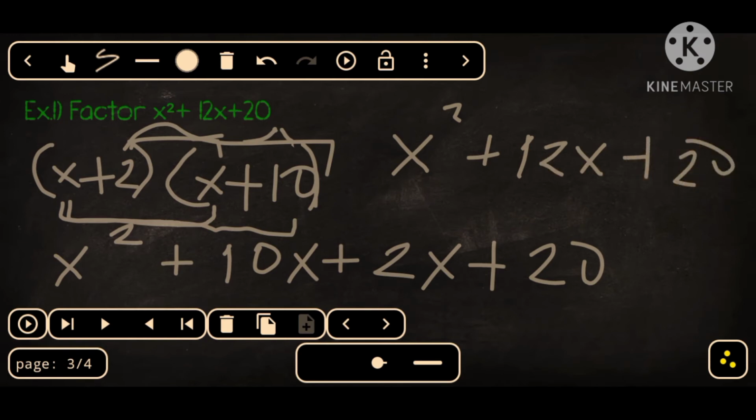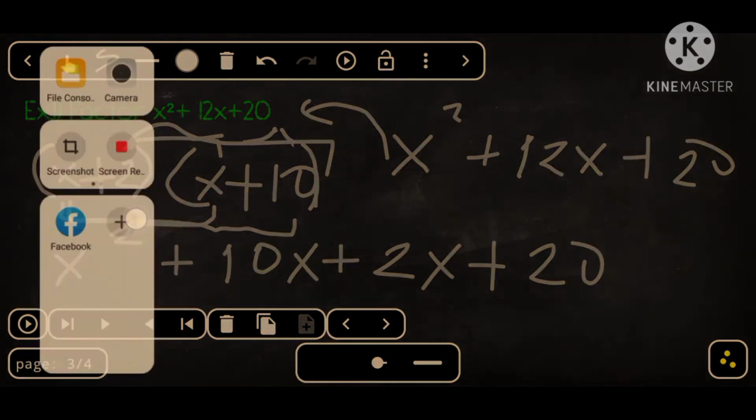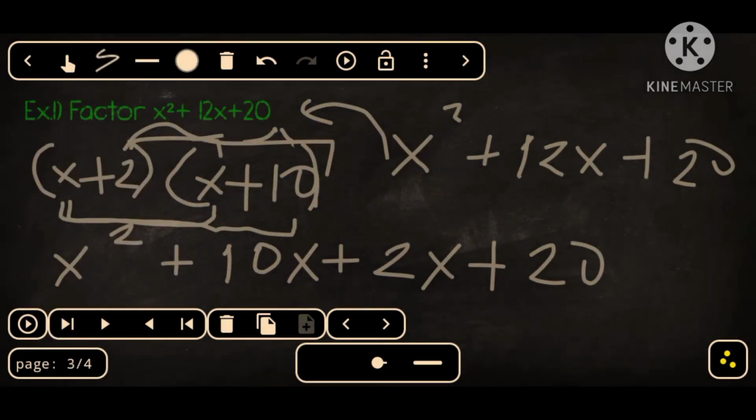So upon checking, we get the given x squared plus 12x plus 20. So therefore, the factors for x squared plus 12x plus 20 are x plus 2 times x plus 10. So these are the factors for x squared plus 12x plus 20.